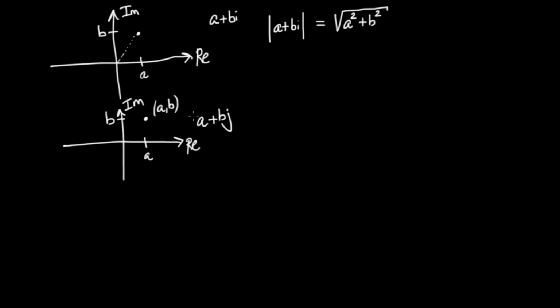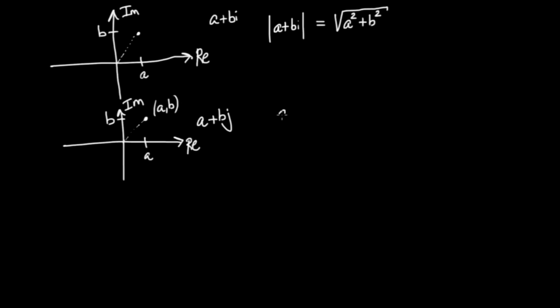Now, for the split complex numbers, we're going to abstract our notion of distance a little bit. That is, we're not going to define the magnitude of a plus bj in the same way as we did in the complex numbers. Now, it is still true that if you take a line drawn from that point to the origin, the length of that line is still the square root of a squared plus b squared.